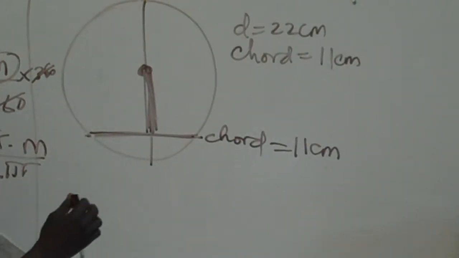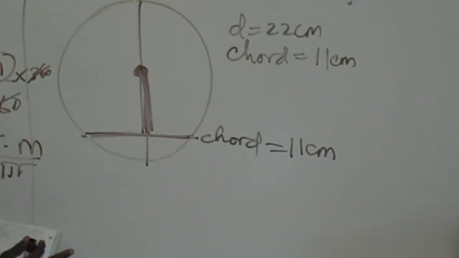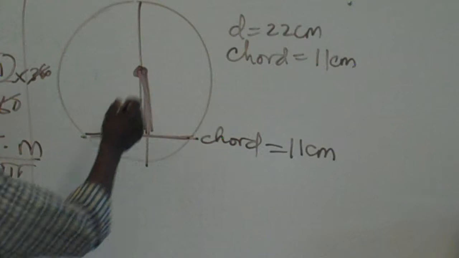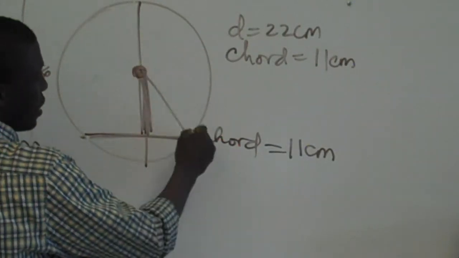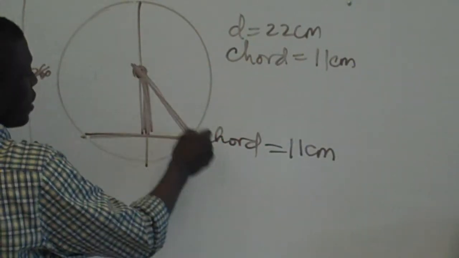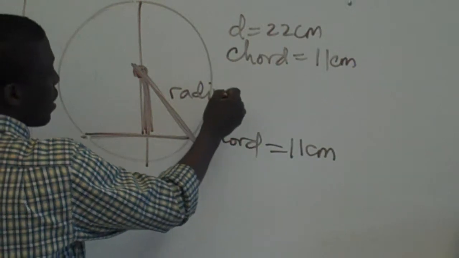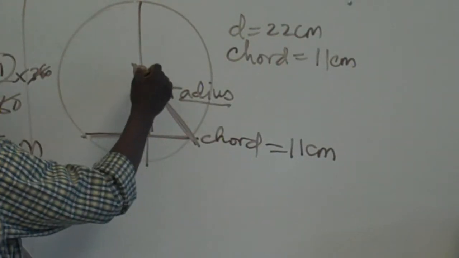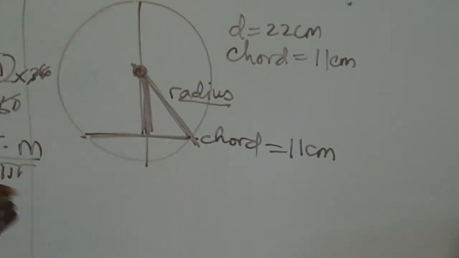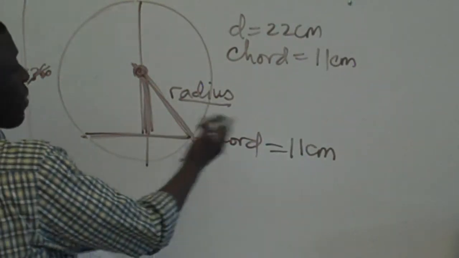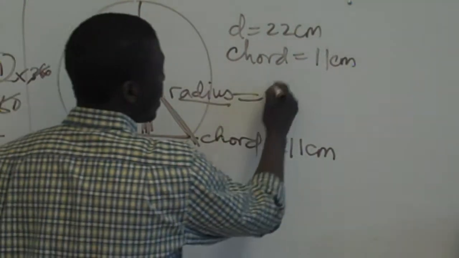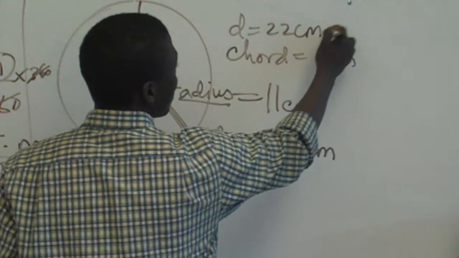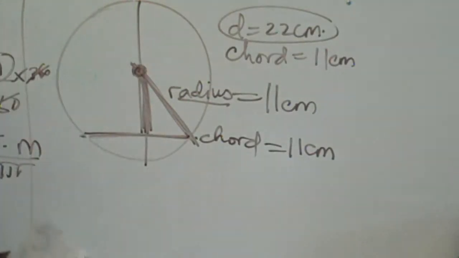What you need to realize is, at this point, you can't do much until you set it up and get a triangle, and then you can solve for it. Notice that this point to that part is the radius. Radius is when you draw a line from the center to any point on the circle, or half the diameter. And so the radius is 11 centimeters because it's half of the diameter.